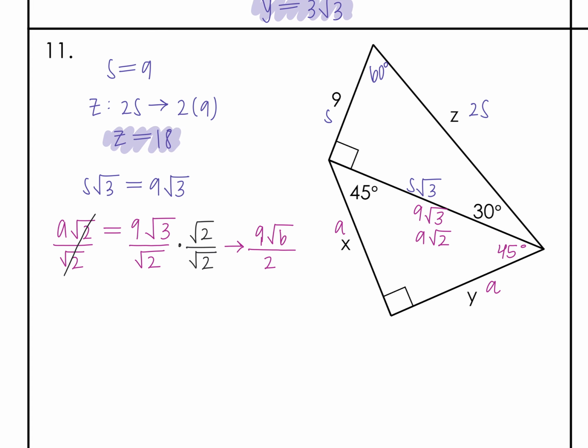Okay, and since my x and my y are both that a ratio, and we know that to be that 9 root 6 divided by 2, I know that x is 9 root 6 divided by 2, and so is my y.